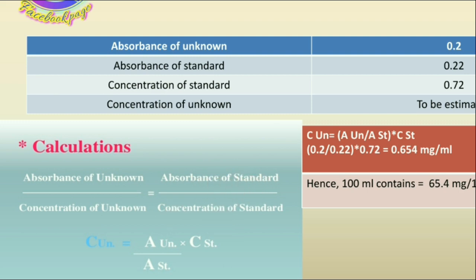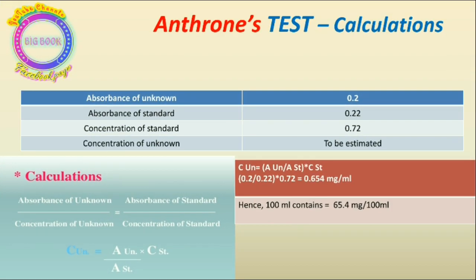Now we have the absorbance of unknown as 0.2, absorbance of standard as 0.22, and concentration of the standard as 0.72. This formula has been taken and the values placed, so we get the concentration of the unknown to be 0.654 mg per ml.